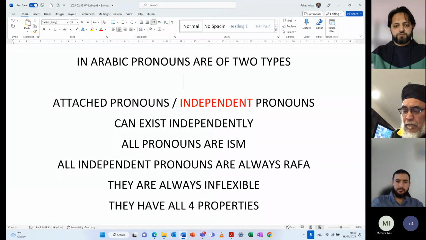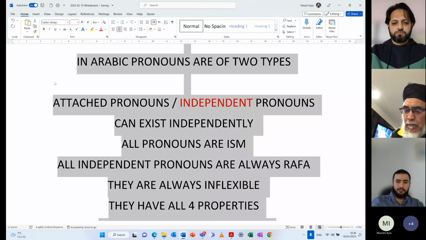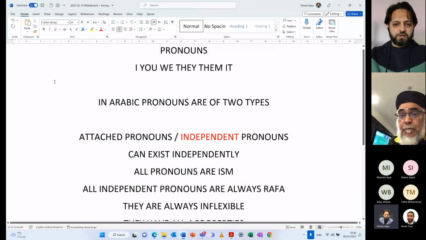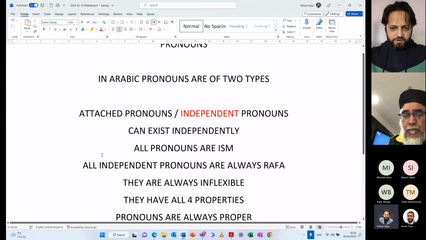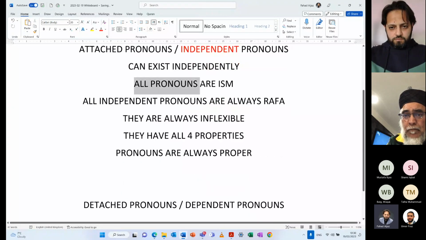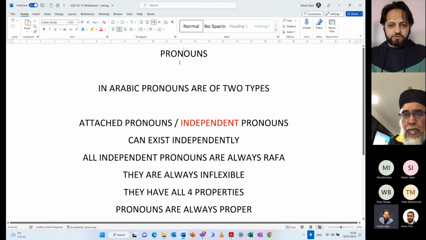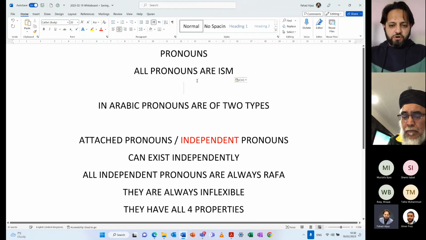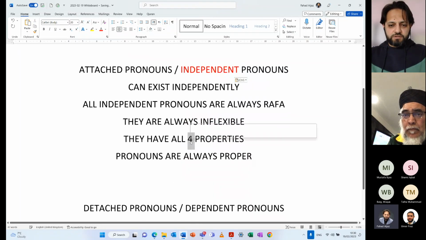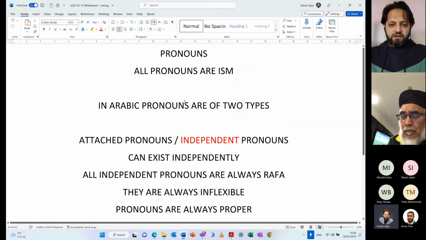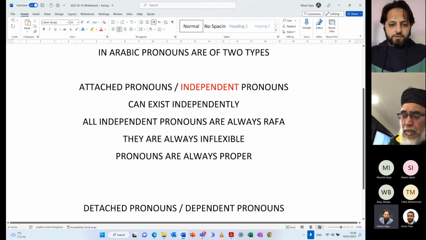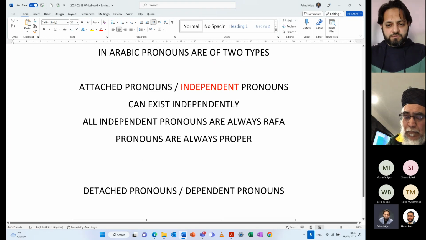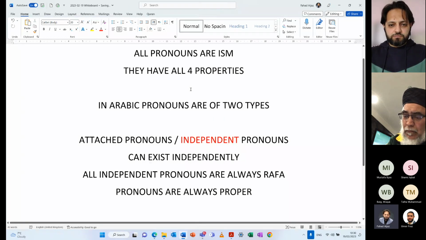I'll do one thing, just for your clarity. I'll pick a few things up from here and put them under pronouns so they become super clear to you. So pronouns are always isms. They always have four properties. They're always inflexible.